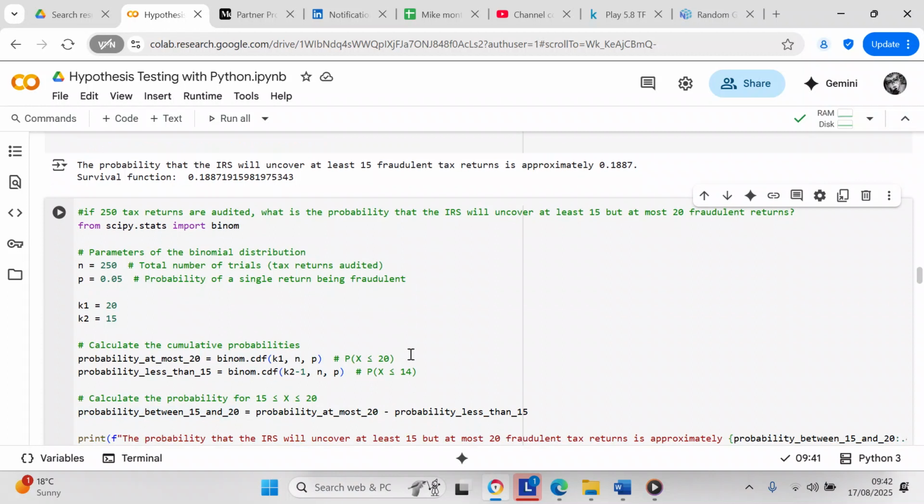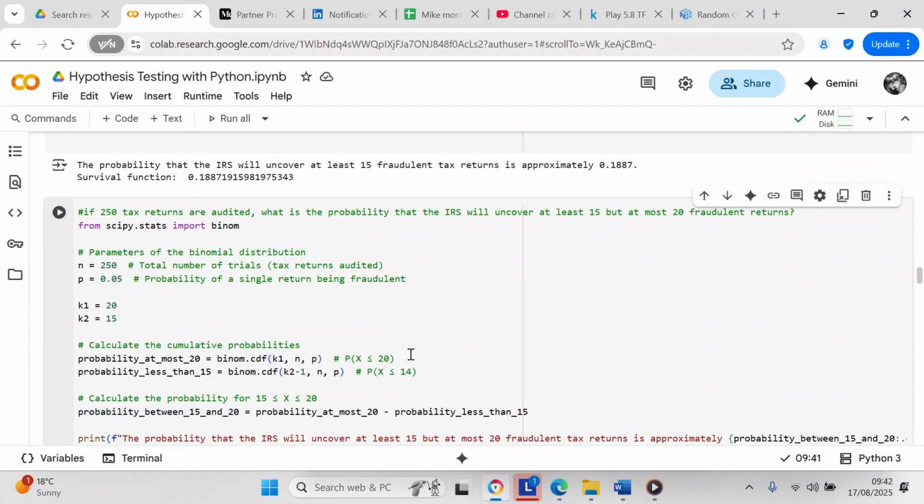So the next question we have is, if the 250 tax returns are audited, what is the probability that the IRS will uncover at least 15, but at most 20 fraudulent returns? And so we're going to import the library from scipy.stats, import binom, and we're going to set up the parameters of the binomial distribution.